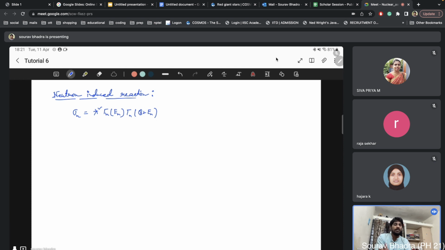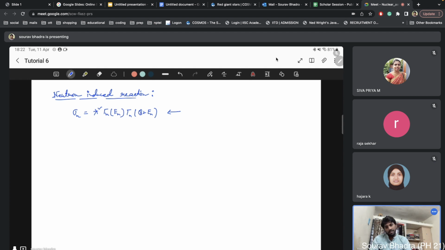What I am describing is actually an example of radiative capture. If the product is a gamma photon, then it is radiative capture, which has been taught already. So this is the cross section for the neutron induced reaction, where Q is the Q value of that particular reaction, and En is the kinetic energy of the neutrons.